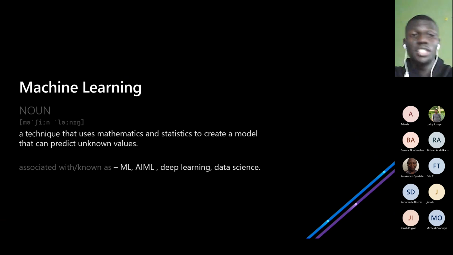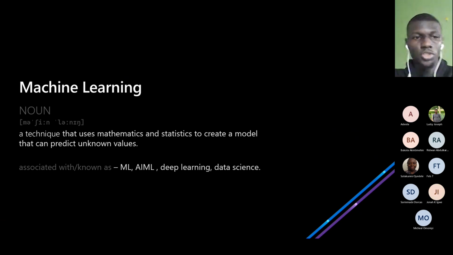Machine learning is a technique that uses mathematics and statistics to create a model that can predict unknown values. But if I were to explain it most basically, machine learning is training a computer, or a model rather, to think the way a human being thinks.